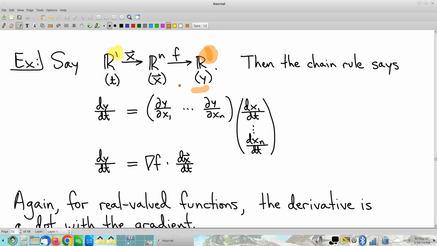Again, you see it right there. It's just y. So now, two things are interesting. First of all, the derivative that we're looking for, the derivative of the composition, is a Calc 1 derivative. One variable in, one variable out. Just how fast does a quantity change? It's a real familiar concept.